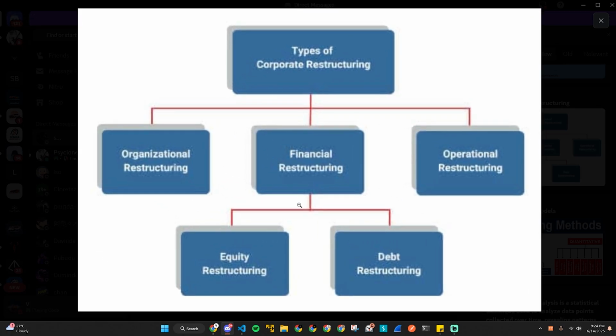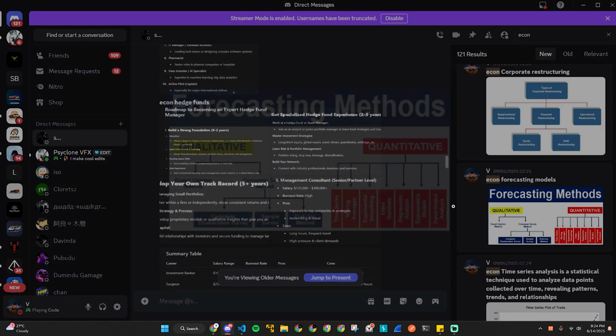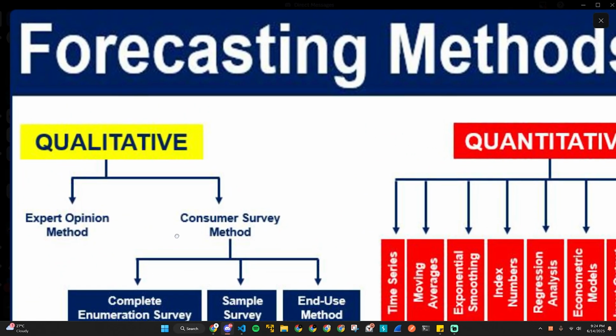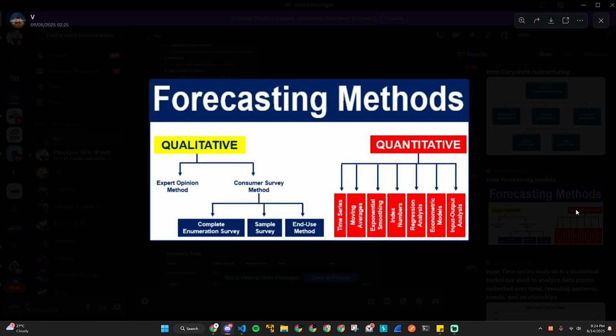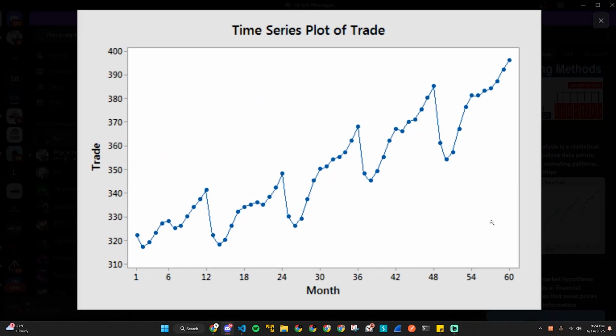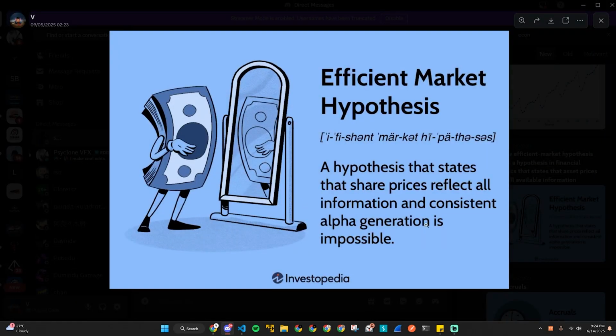This is corporate restructuring. So as you can see, equity and debt. So what you own versus what you owe. I'm going to say that's a part of management. Exactly. So quantitative is math, quantitative is facts, right? Time series, once again, logistic graph with regression chart. This is indicating that it's impossible to assume that the prices can be predicted, right?